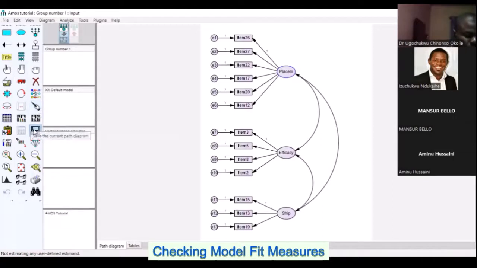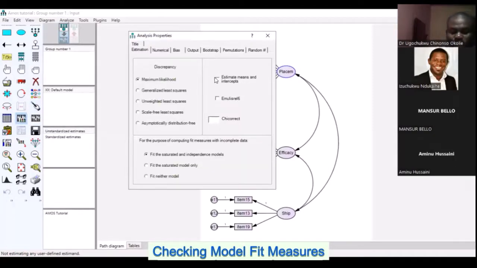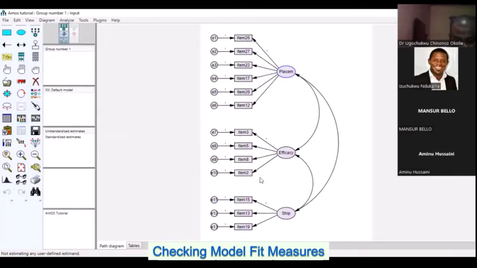Then I will come to analysis properties. All is fixed, you can see all those items, item 1, 2, 3, 4, and so on. They are on their individual factors, the scales, the variables, and these are the correlations, because you need to put the correlations, right?